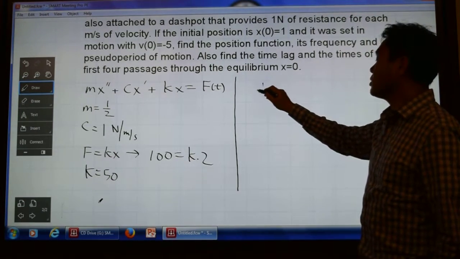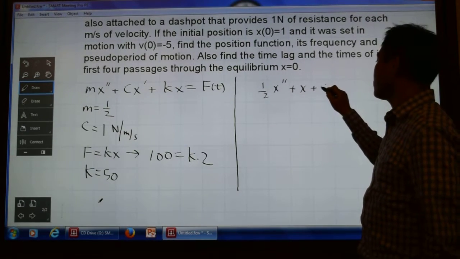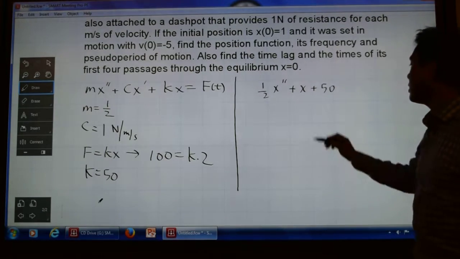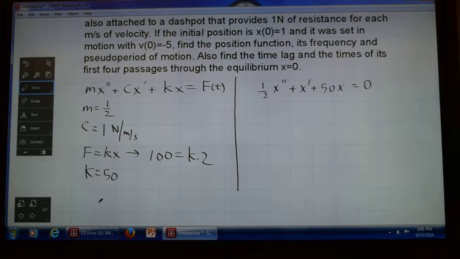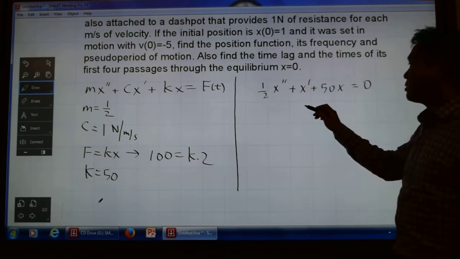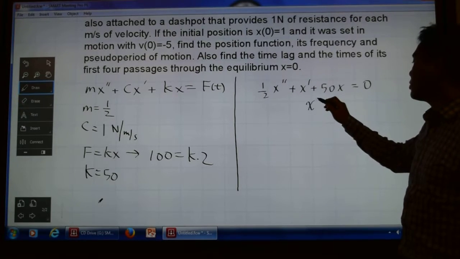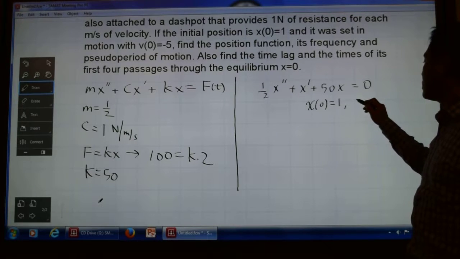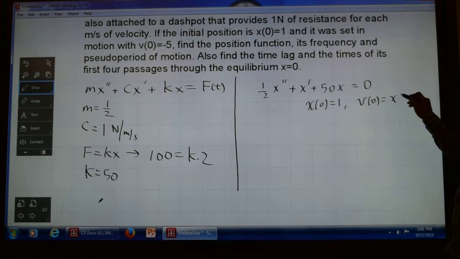You get 1/2 x double prime plus x prime, by the way, plus 50 x, and no external force, equal to 0. And then you get x of 0 equals 1 and v of 0, which is x prime of 0, equal to negative 5. And we just have to solve this.